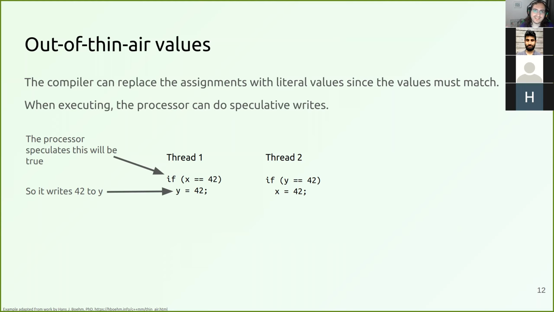So what processor designers did is they implemented this feature where the processor will just guess what the outcome is going to be. So it'll see if x equal 42, it'll say, you know what, I think this is going to be true. And then it'll start executing. And this is actually safe because it later checks if the outcome of that branch was true, if it guessed correctly.